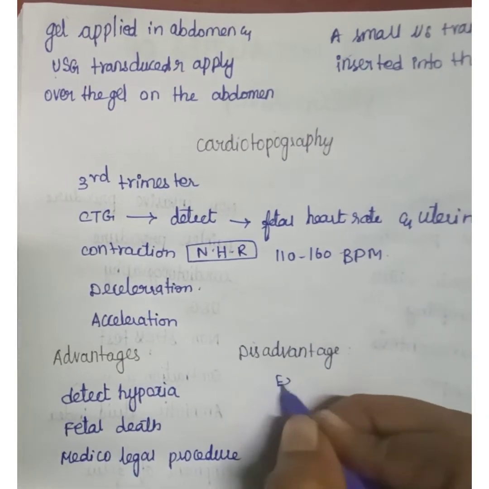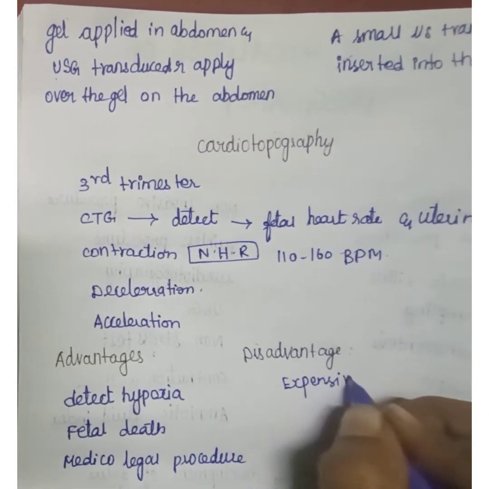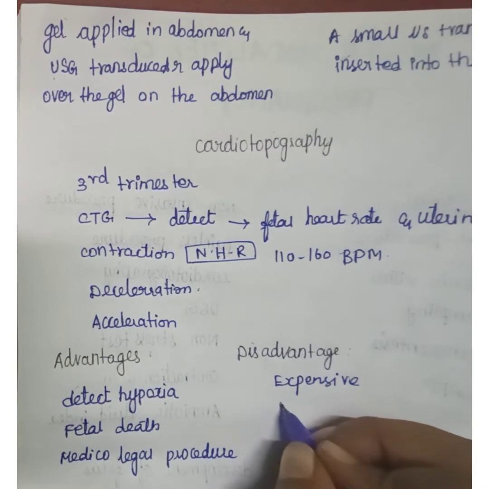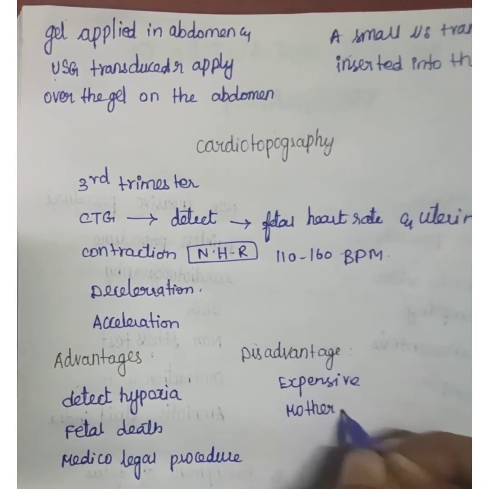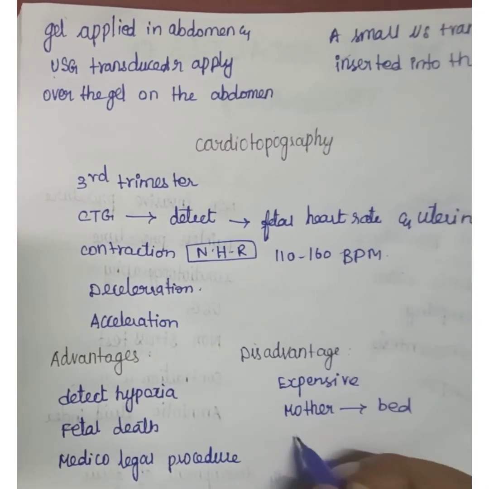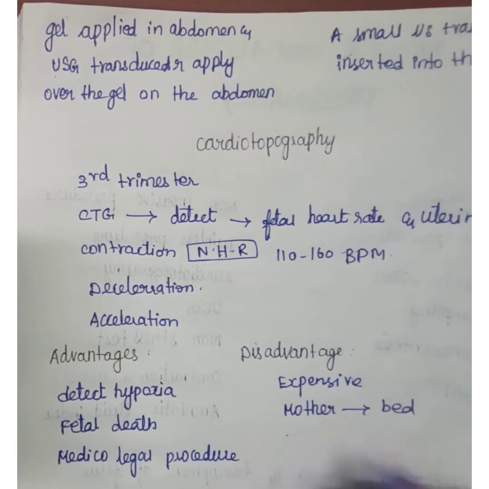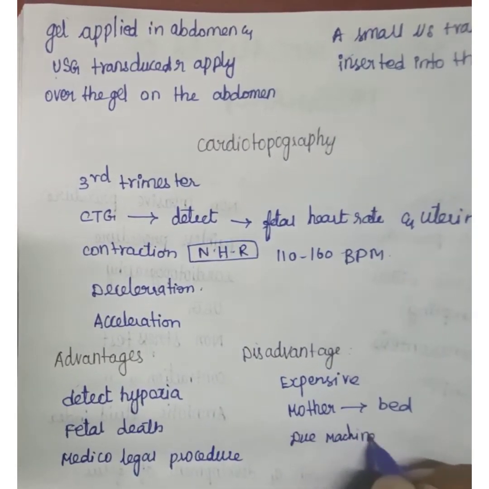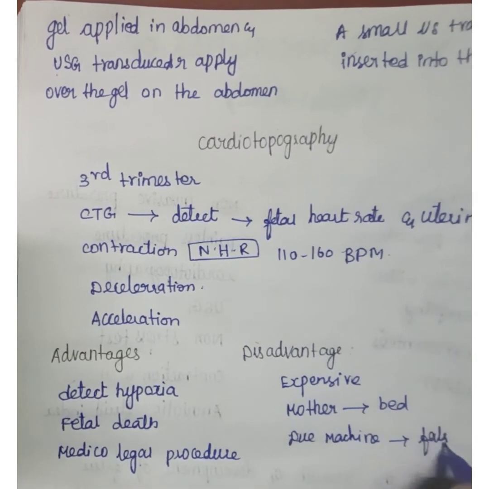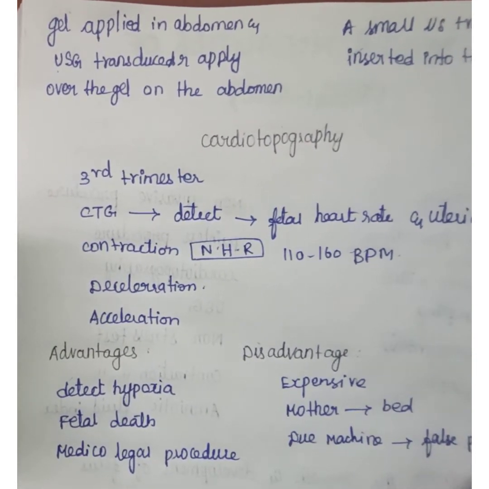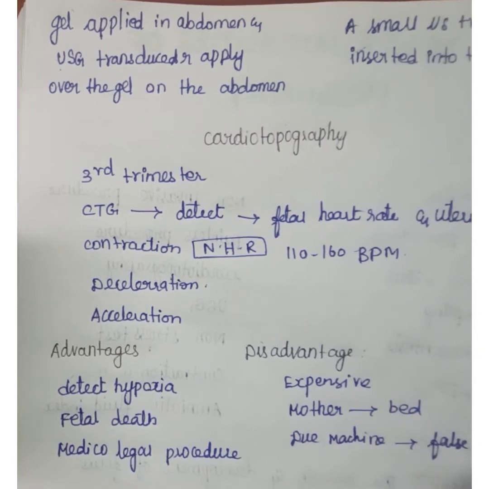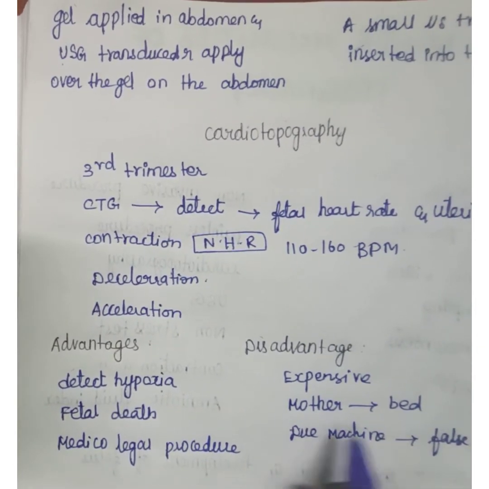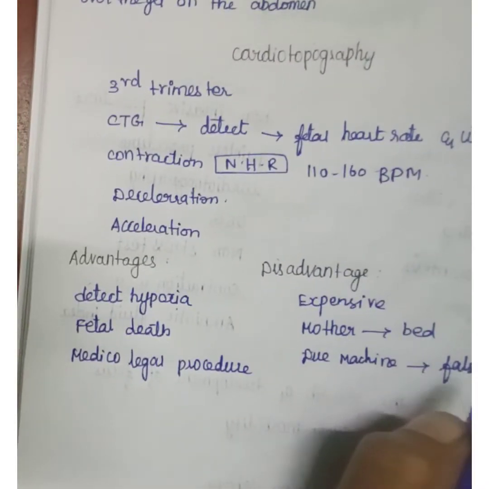It is expensive and the mother has to be in bed. Due to machine problems, there may be a false prediction. Due to false prediction, the patient may undergo LSCS.